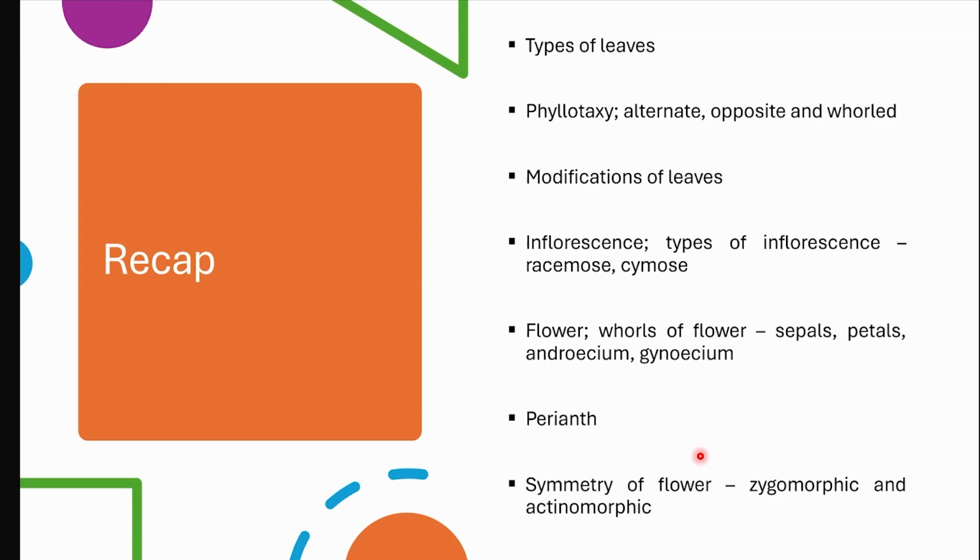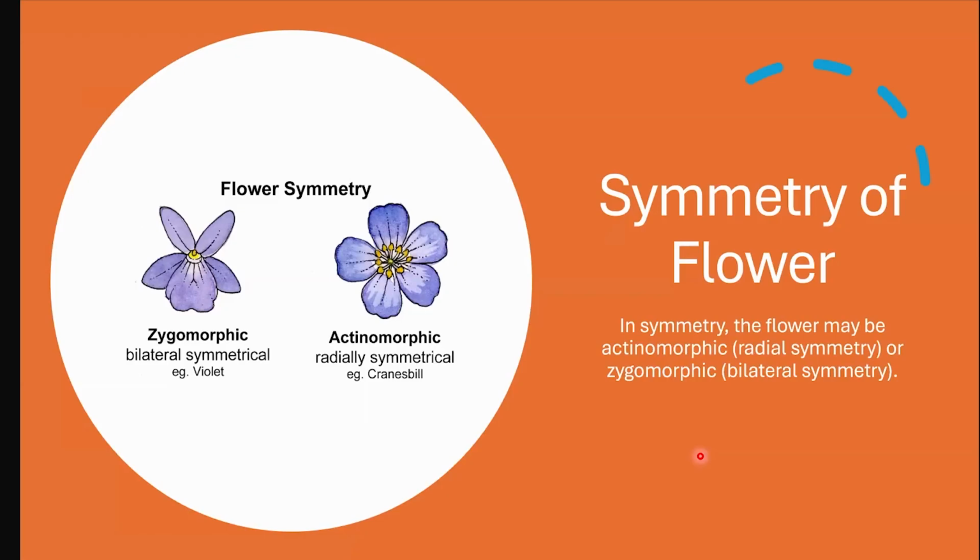So we will pick up again from this very place. We were talking about the symmetry of the flower. Firstly, I would like to point out that not all flowers are symmetric, right? There could be some flowers that are asymmetric altogether. If there is symmetry in a flower, it could either be zygomorphic, in which case there will be only one plane across which if we divide the flower, it will be bilaterally symmetrical, or there will be two equal halves.